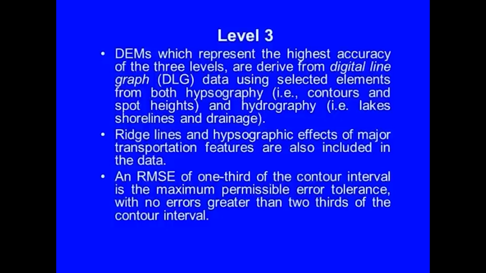Ridge lines and hypsographic effects of major transportation features are also included in the data. An RMSE of 1/3 of the contour interval is the maximum permissible error tolerance with no error greater than 2/3 of the contour interval.